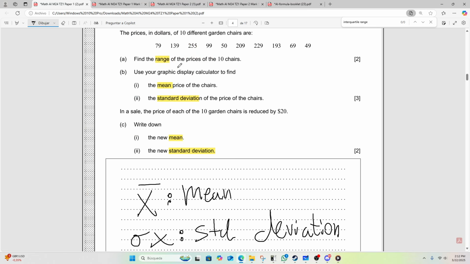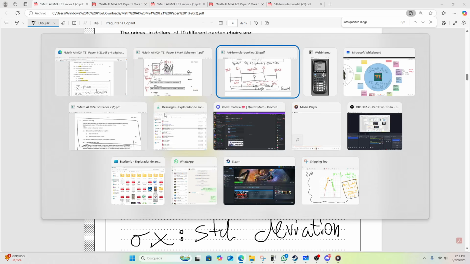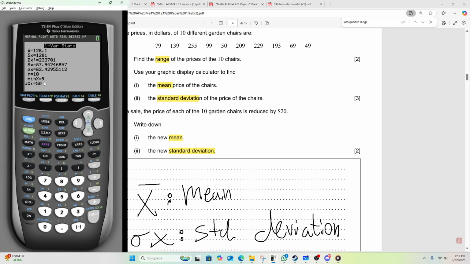All right? So for the range, using my calculator, I can go ahead and find that the minimum is 9. Damn, is it 9? I must have written it incorrectly. Oh yeah, see. So this should be 99. Whoops. Okay, apologies. So just to follow the example, the minimum would be 49, as you can see, the minimum x, and the maximum x is 255.